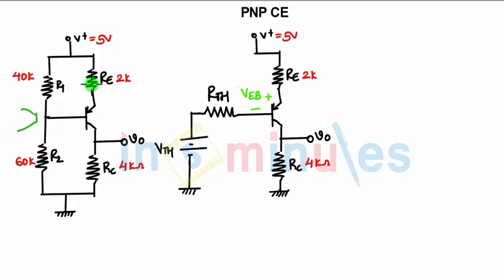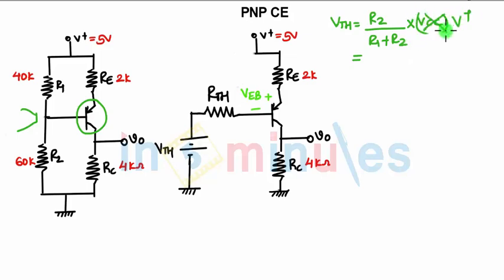So it is similar to our potential divider biasing DC analysis. Instead of NPN transistor, you have PNP transistor. Rest all the things are the same. So we can find VTH by potential divider rule as R2 upon R1 plus R2 into VCC. This will give you VTH. VCC in this case is V plus, so we can write it as V plus instead of VCC.